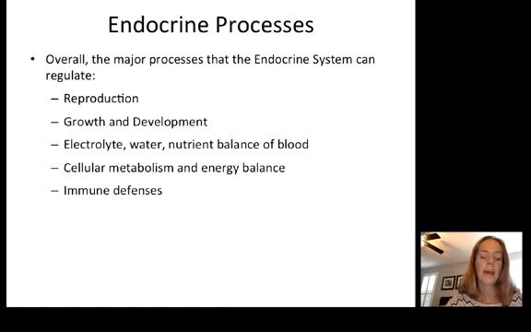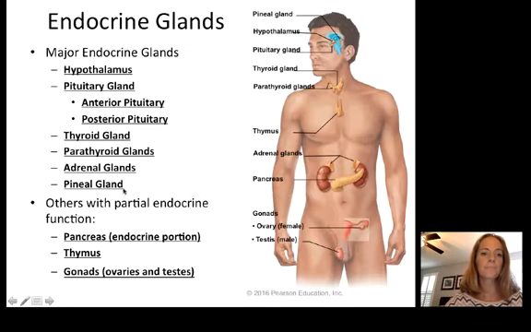It can regulate metabolism and energy balance, and it can also regulate the immune system. Sometimes endocrine processes will regulate multiple of these at the same time. Because growth and development requires a lot of nutrients, sometimes you will not only regulate growth, but also metabolism. So these all can be linked as well.